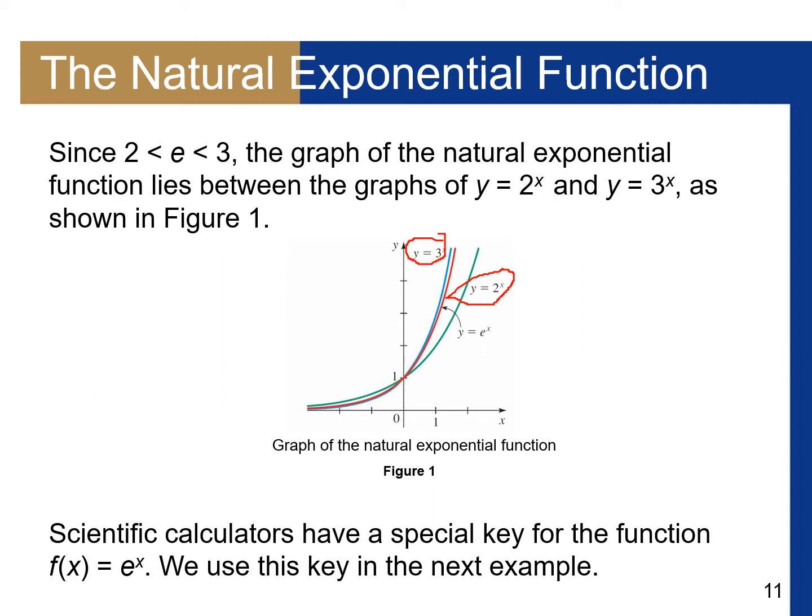Let me do a better drawing. Y equals 2 to the x here. Okay, and then in the middle, you can see between 2 to the x and 3 to the x is e, which is 2.71828.